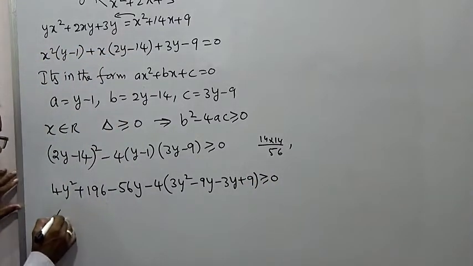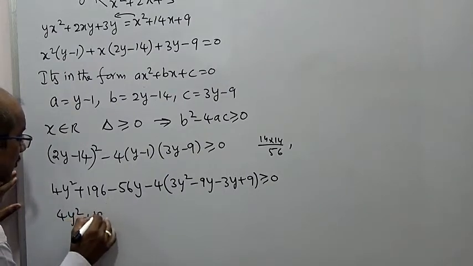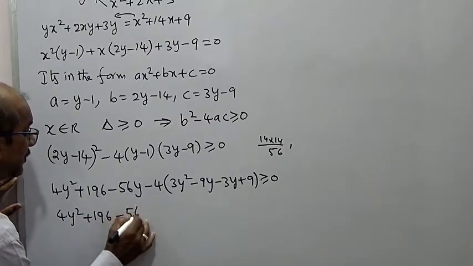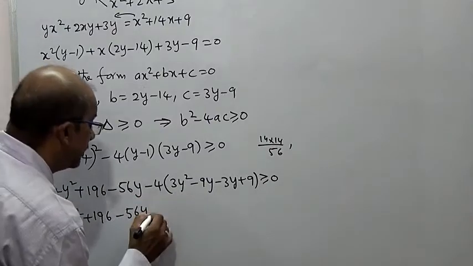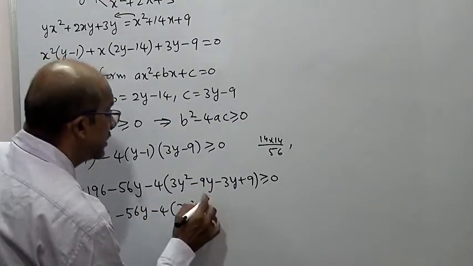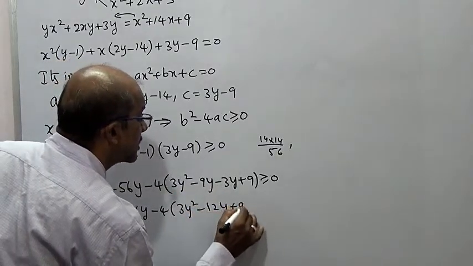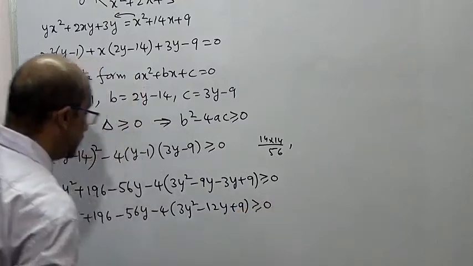Now 4y square plus 196 minus 56y, again minus 4 of 3y square minus 9y minus 3y plus 9, that is minus 12y, plus 9, greater than or equal to 0.